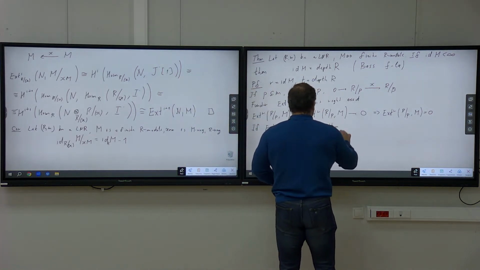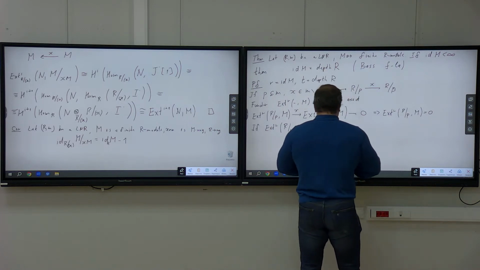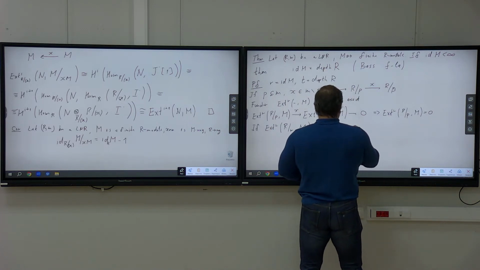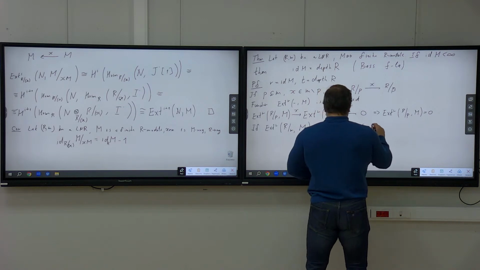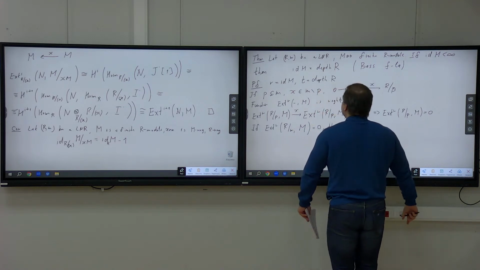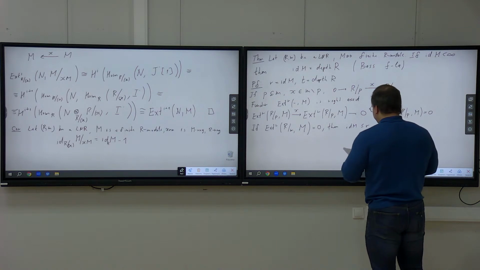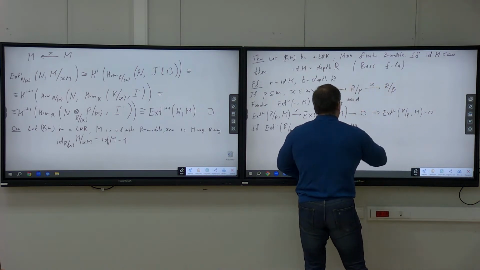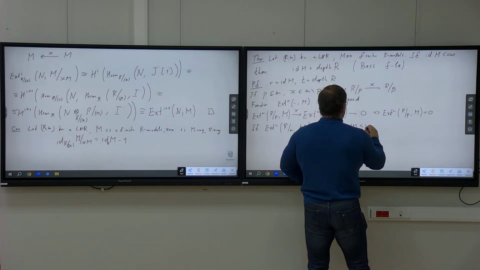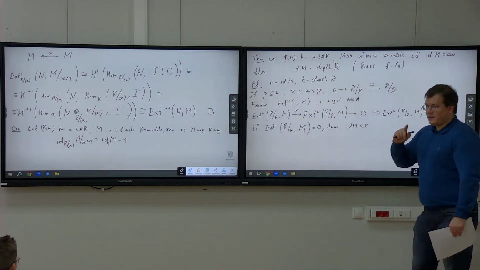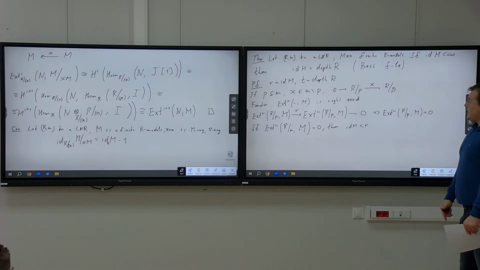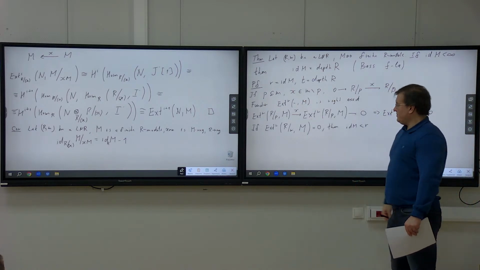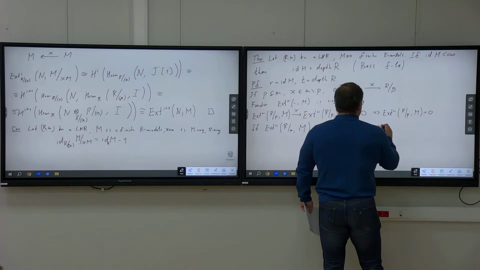So if this is vanishing for any first argument, then we can say that the injective dimension of M is less or equal than r. No, not exactly. This is not less or equal than r, but this is less than r, because Ext to the index r is vanishing for any first argument. But that is just not possible, right? r is the injective dimension, so that's a contradiction.